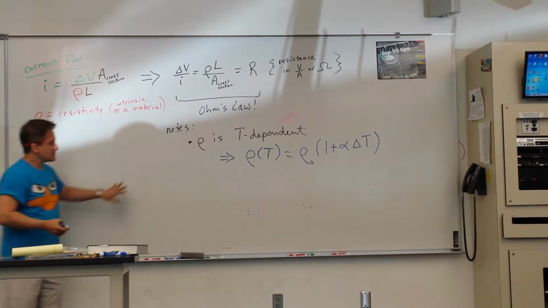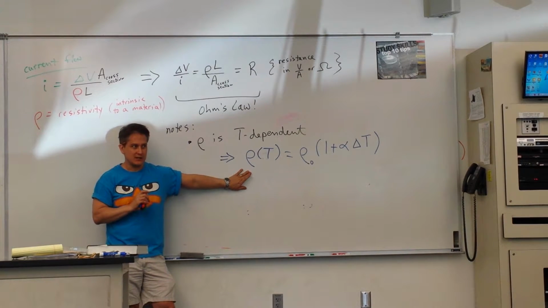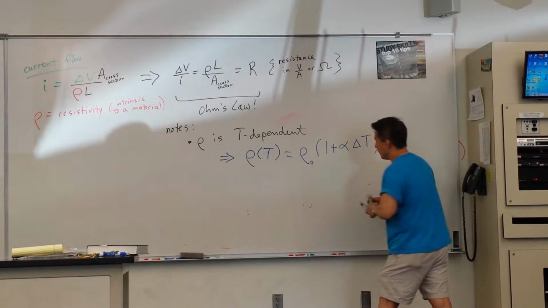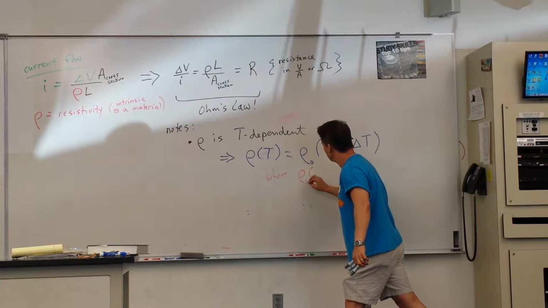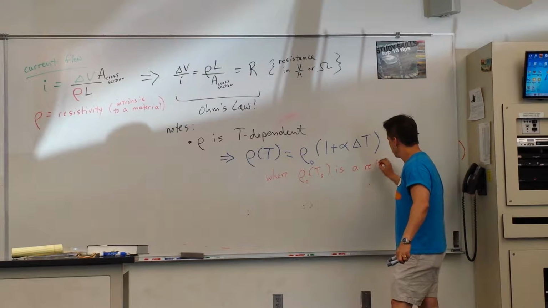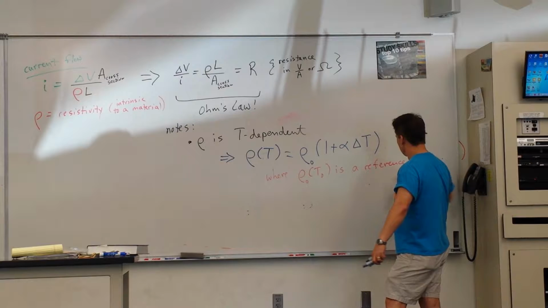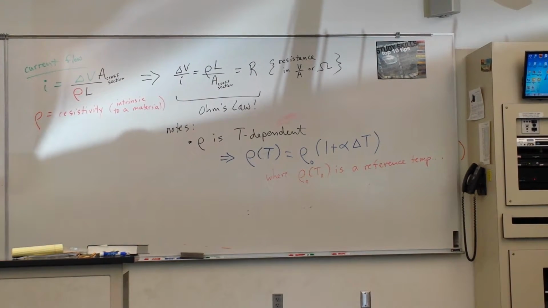But this is, to a first order, how temperature is related to resistivity, assuming you know a reference temperature. And by the way, this is very similar to calling the specific heat capacity 1 for water and then measuring heat capacity of other things in a calorimetry experiment. You just know what 1 is and you can compare everything to that.